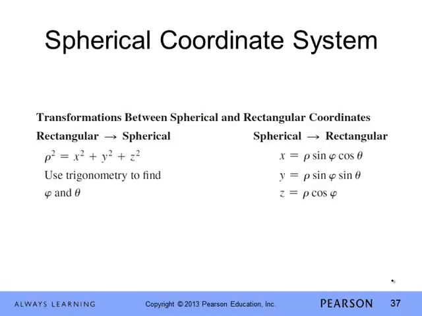Rho is then the square root of x squared plus y squared plus z squared. And you can do a little bit of trigonometry to find the two angles. Now, if you know the two angles and rho, then you can find x, y, and z. So let me explain these. You can write these down if you want. They're in the textbook otherwise.